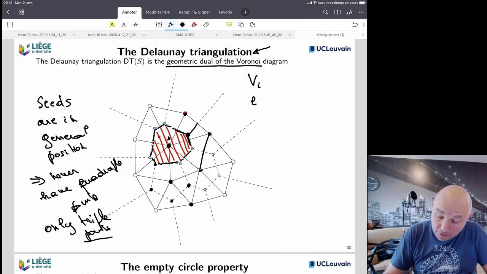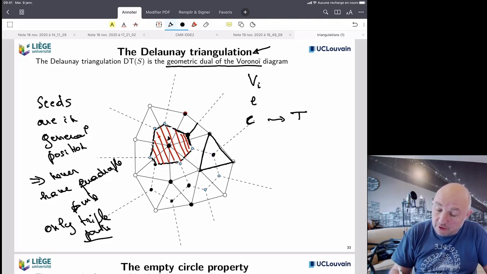So those triple points, these are the corners. Those triple points here correspond actually to a triangle. Each edge of the Voronoi diagram here corresponds to an edge of one of the triangles.